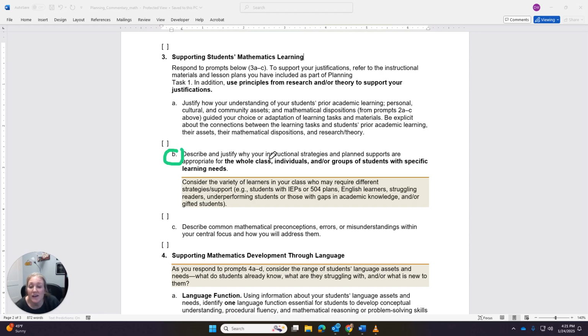Okay. In 3B, you're going to justify why your instructional strategies and plan supports are appropriate for the whole class, individual, and groups. Now, it is critical to address any students that have an IEP or 504 plan that you talked about in the context for learning. You could say, because of the universal design of my lesson plan, my students with an IEP did not need any additional accommodations.